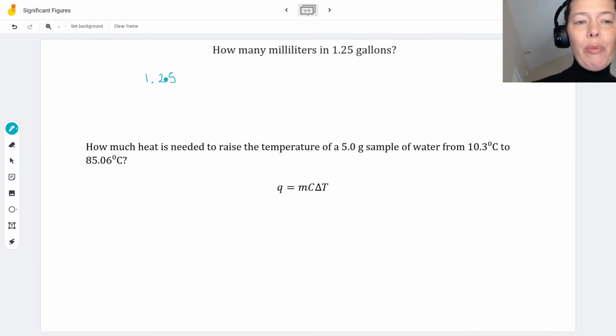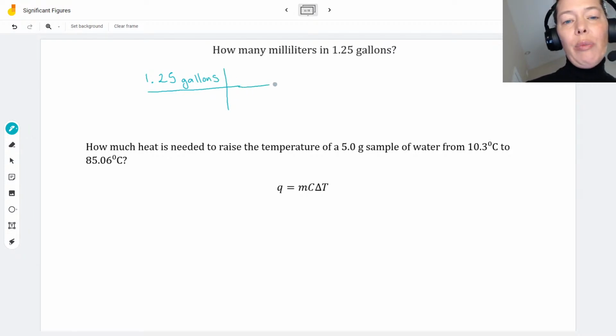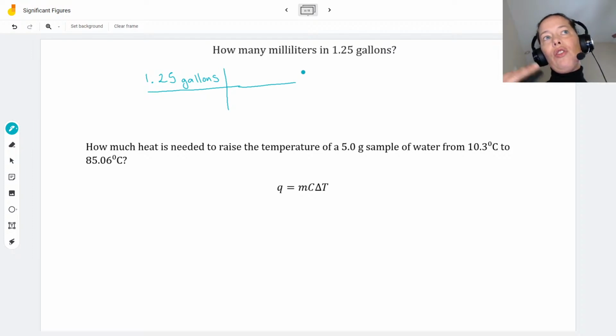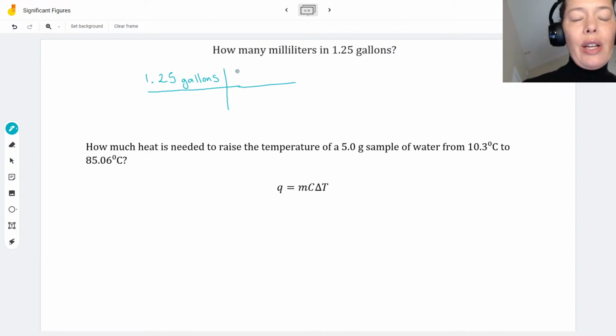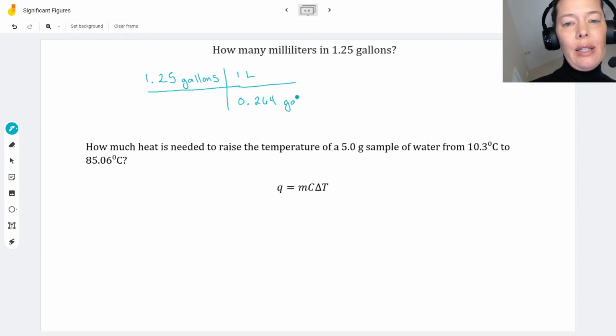Okay, so we've got 1.25 gallons, and I'm actually going to string together a couple of conversion factors just to have some more numbers in here. Okay, so in 1 liter, there are 0.264 gallons.